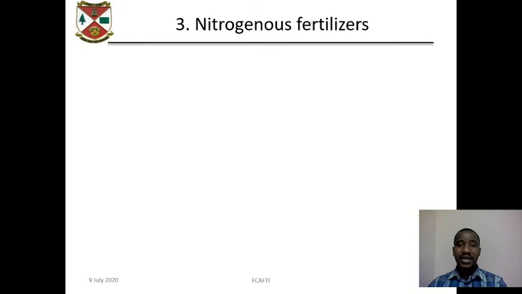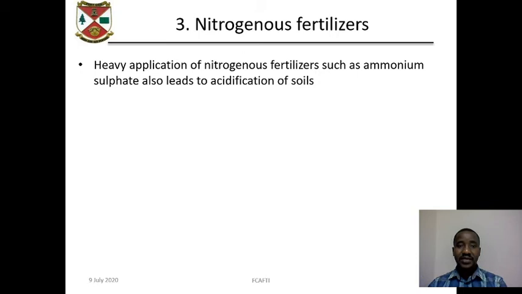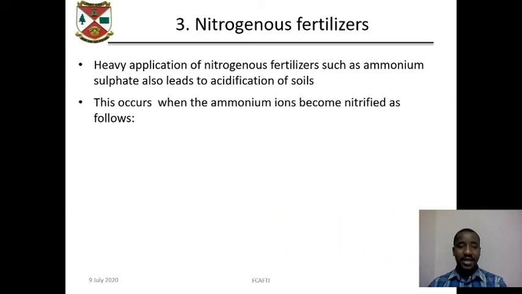Now the third one is nitrogen fertilizers. Heavy application of nitrogen fertilizers such as ammonium sulfate also leads to acidification of soils. Okay. This occurs when the ammonium ions become nitrified as follows.